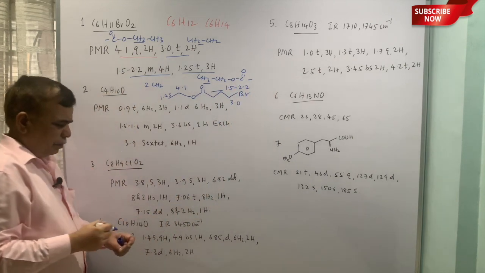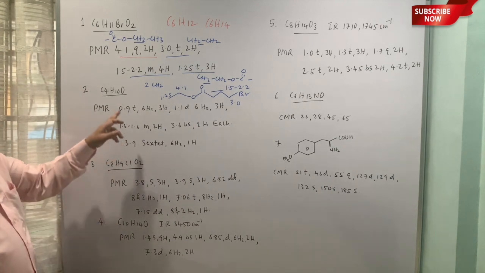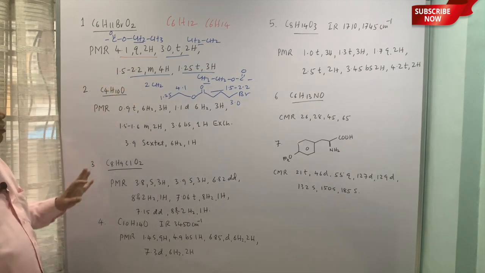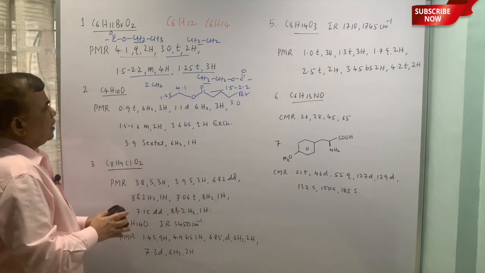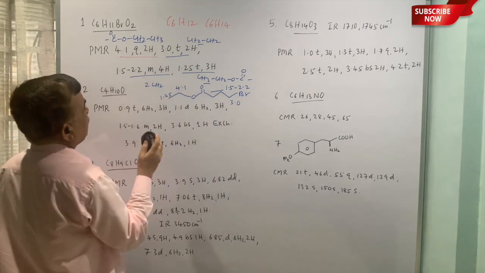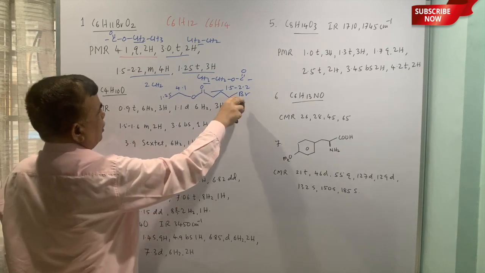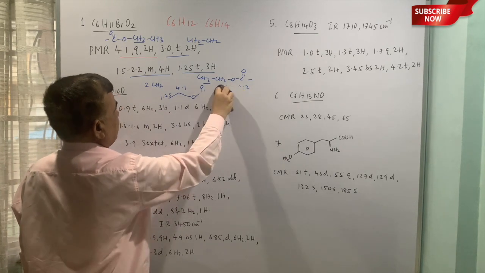So that is the first compound. All multiplicities are explained, and the chemical shifts are also explained, this can be 3, that is fine.